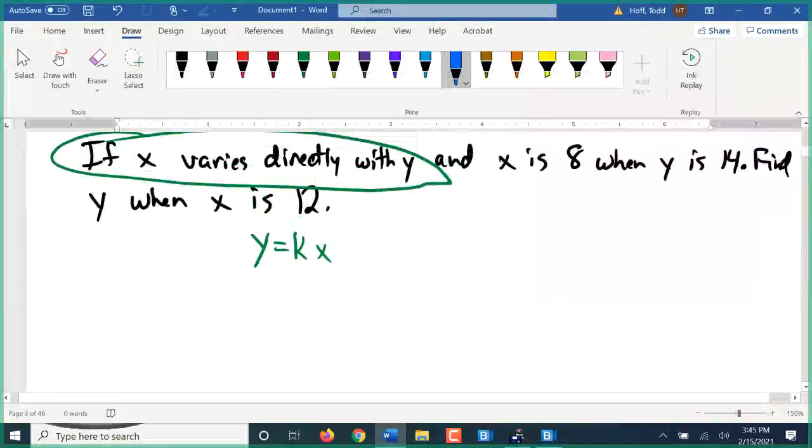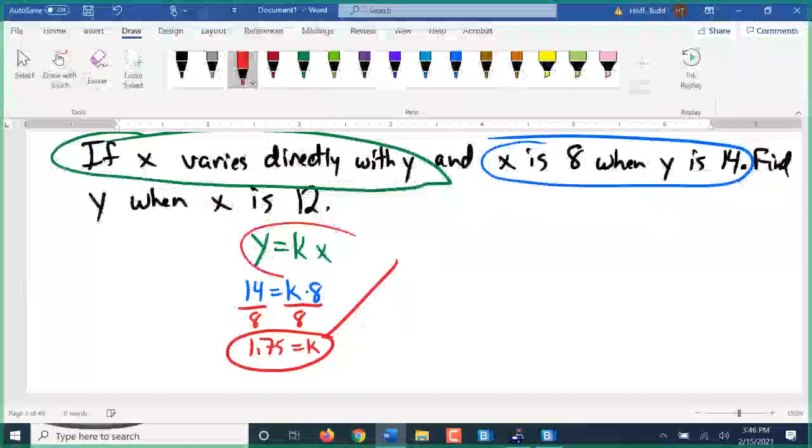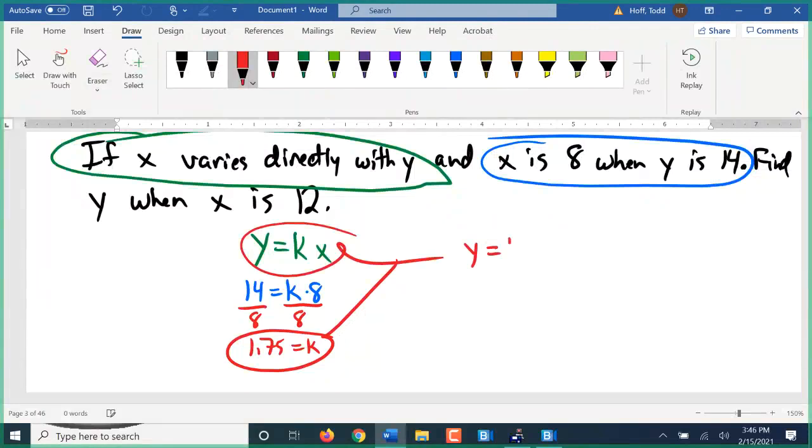Then? 14 goes in for y, 8 for x, and then? 14 divided by 8 gives us 1.75 equals k. This is saying that y equals kx is really y equals 1.75x.